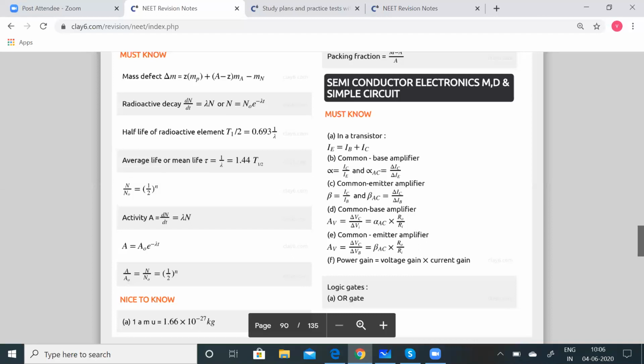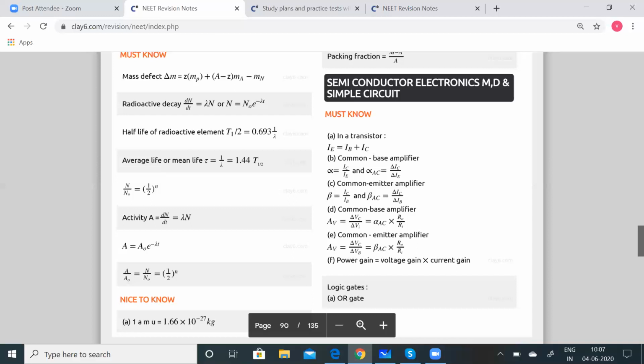Next, coming to doping. Doping is the process of deliberately adding desirable impurities to a pure semiconductor so that you can increase its conductivity. The impurity atoms which are added are called dopants.